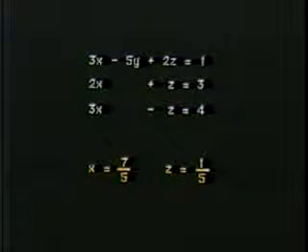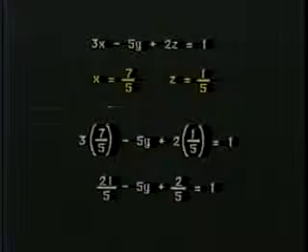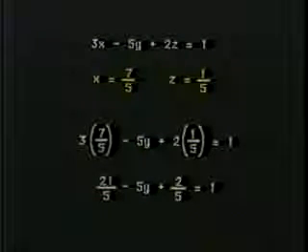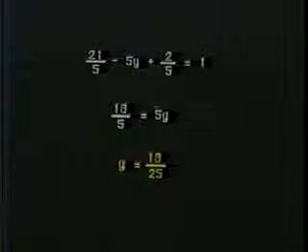So now we've found the values for x and z that solve the last 2 equations, and we need to find y that will make all 3 equations work. So we take the first equation and substitute what we know, namely the values for x and z. When we go to solve for y, we have only an equation in one variable, which is very easy stuff by this time.